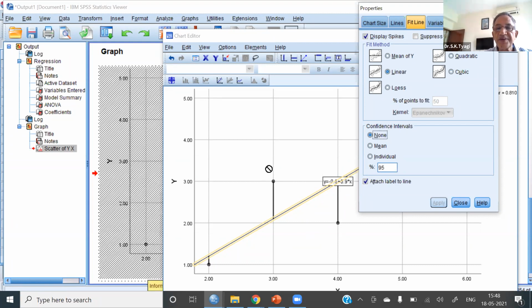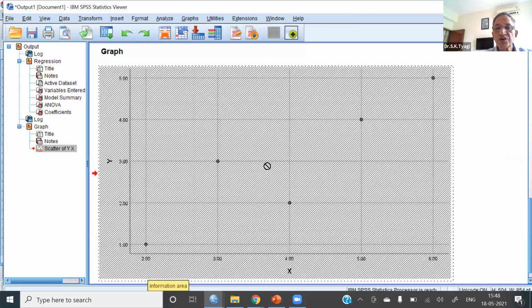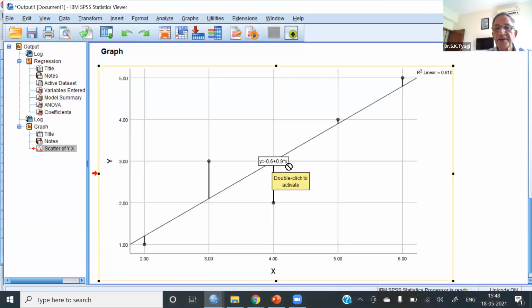See, this is the equation of regression line: Y is equal to minus 0.6 plus 0.9 into x. The equation which we calculated manually. While doing through SPSS, you need not calculate it. But because I wanted you to understand the theory behind it, that is why I am taking up this exercise.